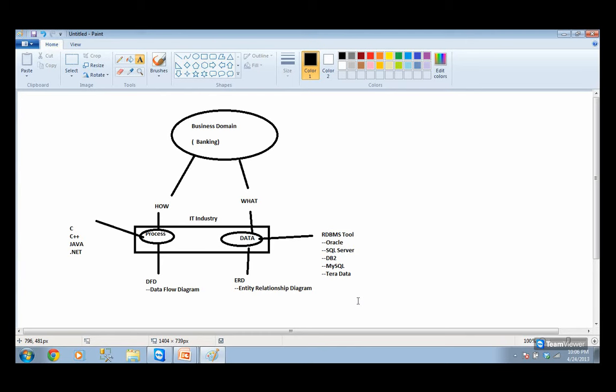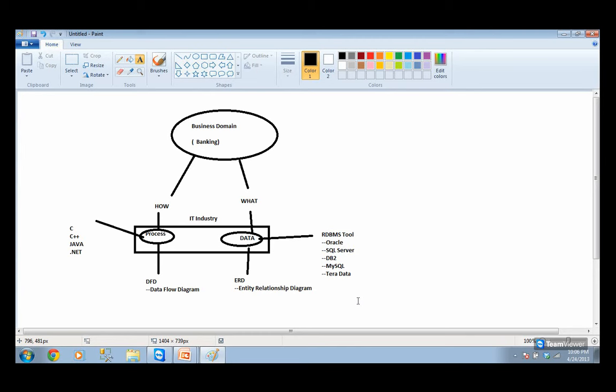For example, when you want to capture the data of a bank, you don't know what kind of data they're capturing and what kind of relationships they have, and what kind of association is available with each and every data. That's very difficult for you to understand as a layman.